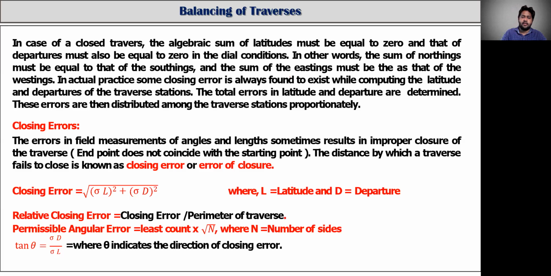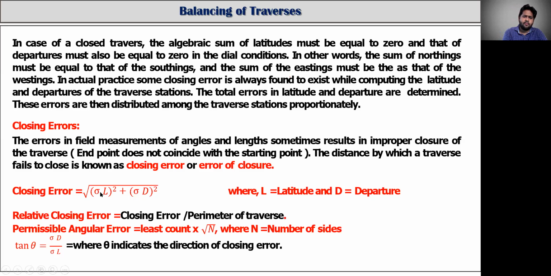These errors are then distributed among the traverse stations properly. If the sum of latitudes and sum of departures is not equal to 0, there will be some error, whether it is 10 degrees, 2 degrees or 5 degrees. That error should be shifted to all the stations. How to shift that error and how to identify it, that is important.